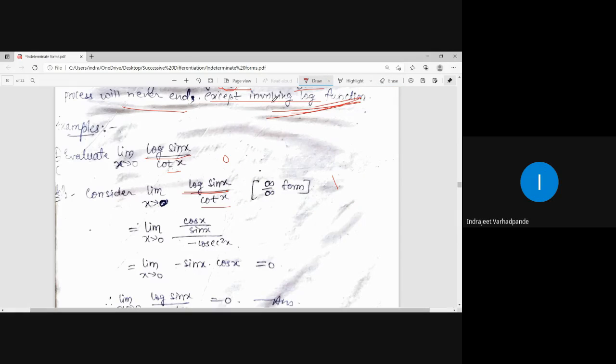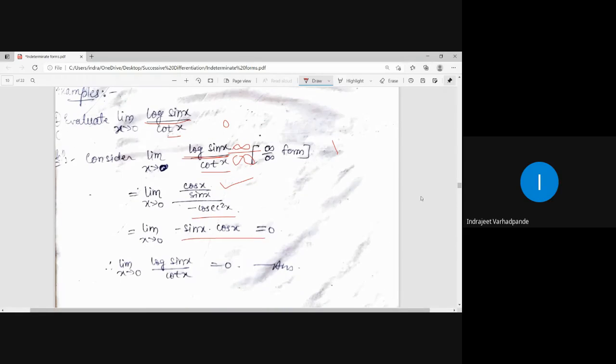I am telling again and again that except for the logarithmic function, because logarithmic functions after differentiation are converted to 1 upon. So initially it is infinity by infinity. Apply L'Hospital rule. Log of sin x gives 1 upon sin x into derivative of sin x, which is cos x, upon derivative of cot x, which is minus cosec square x.